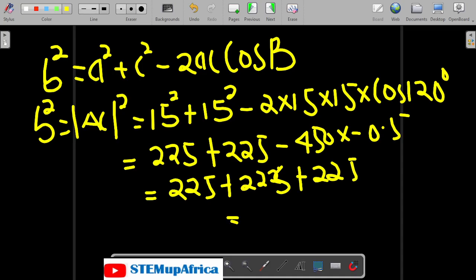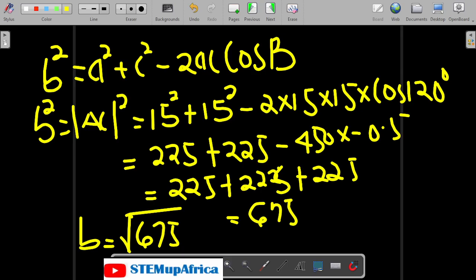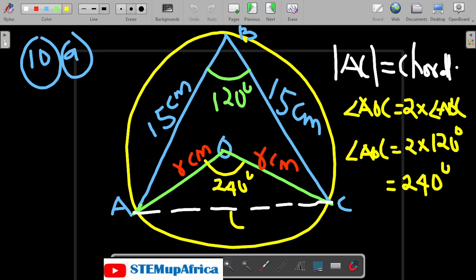That will give us 675. So my small b now becomes the square root of 675. That is 15 root 3. That will give us approximately 26 centimeters. So the value here is 26 cm.